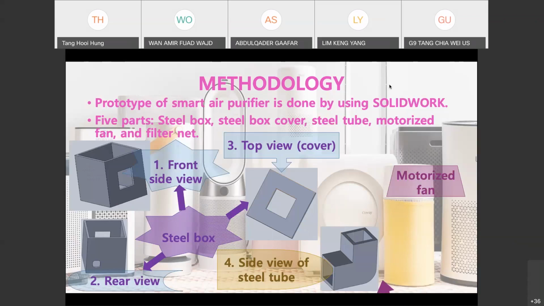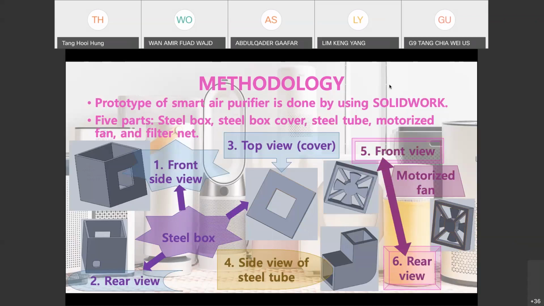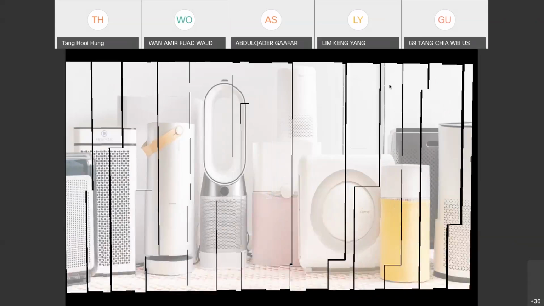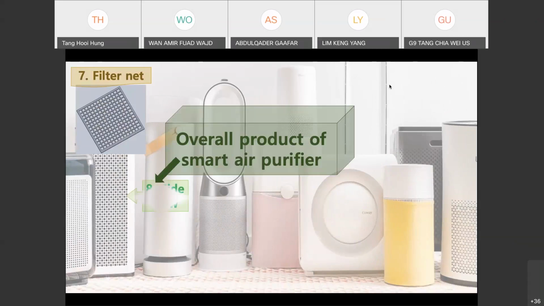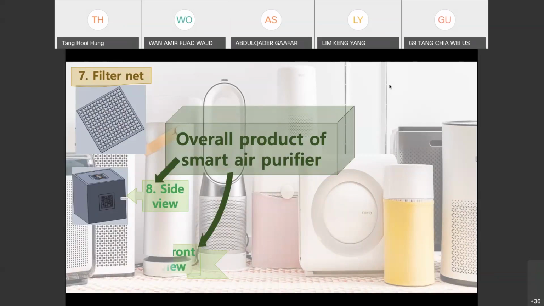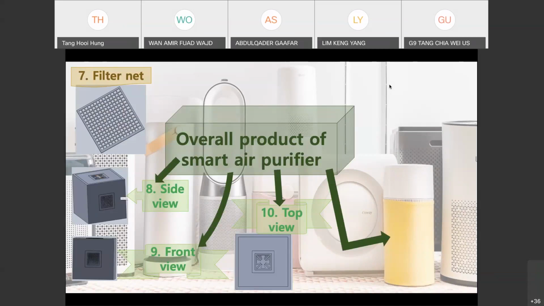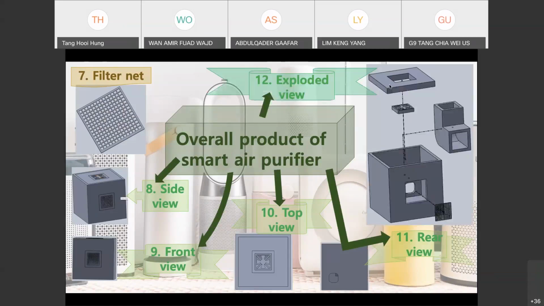Next, there are several prototypes shown in terms of side view, top view, rear view, and their respective dimensions. The last one shows the overall product build form. When all are combined, they form the prototype. Next.